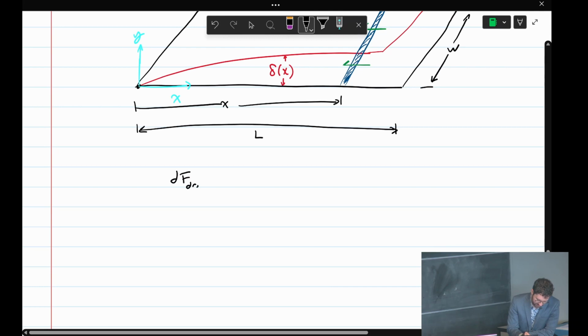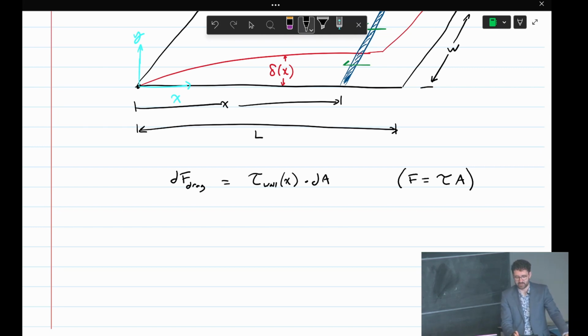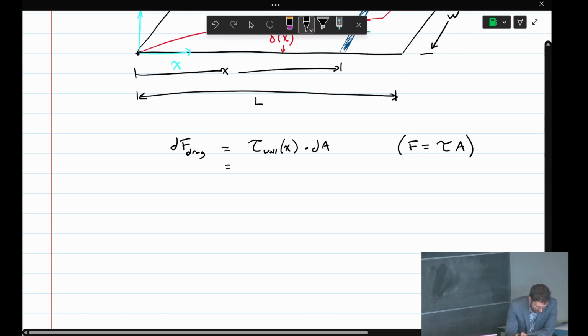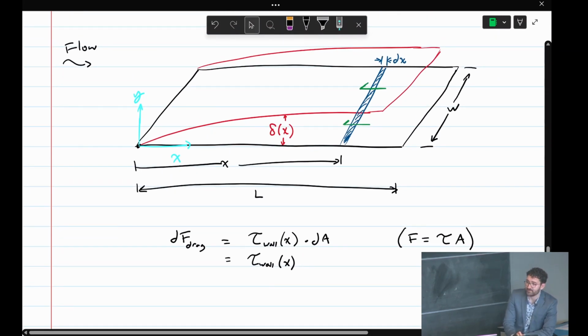So dF, call this dF drag, is tau wall at that location X times dA. This expression is just the shear force, which is the shear stress times the area over which the force happens. So that area, I'm going to ask for help again.